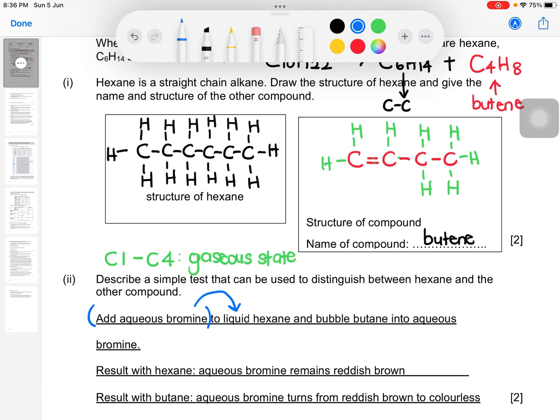So how does this bubbling look like? If I were to draw a delivery tube, okay, this is my delivery tube.